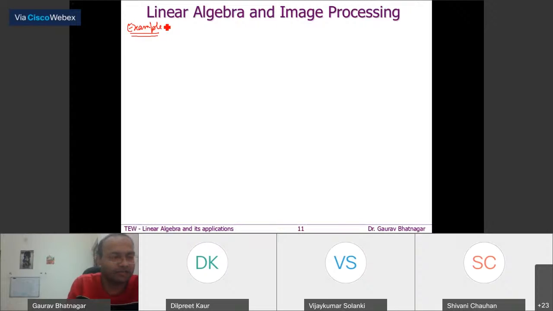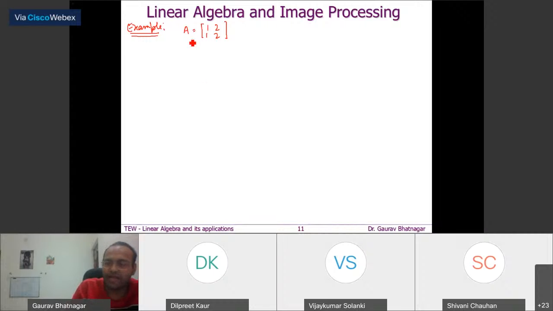The example says: find the SVD, or the reduced SVD, of the matrix A, which is 1, 2, 1, 2. Is it visible that this is a singular matrix? We are looking for the SVD of this matrix.